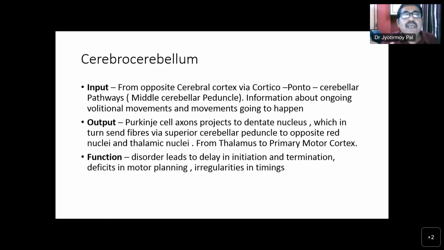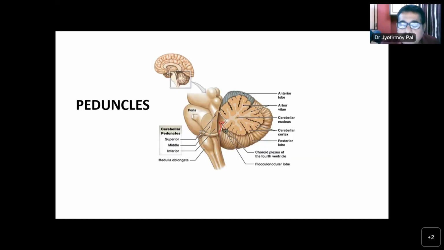That we see in disorder of the lateral lobe of the cerebellum. And this is the very basics of the different symptoms or signs that we get in a cerebellar lesion. Now I will discuss the three peduncles: superior peduncle, middle peduncle, and inferior peduncle. These three peduncles attach the cerebellum with the brainstem.